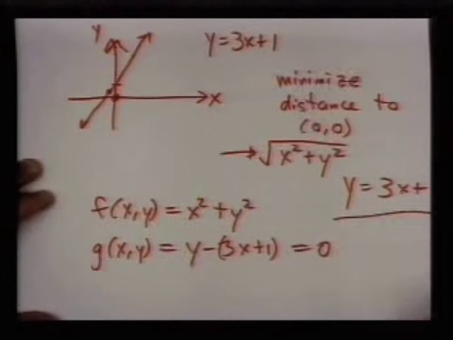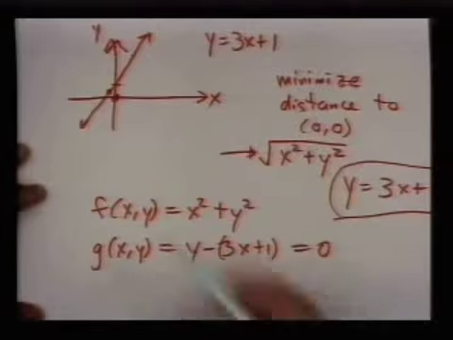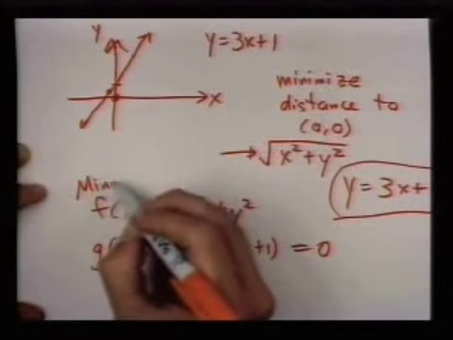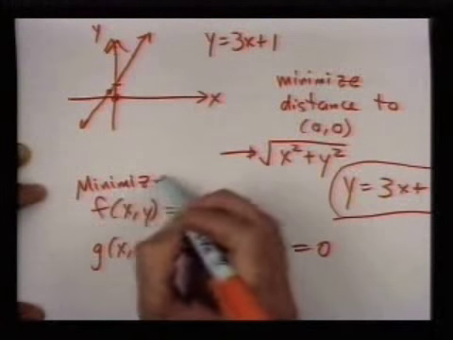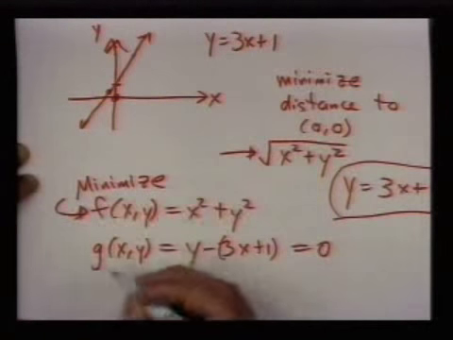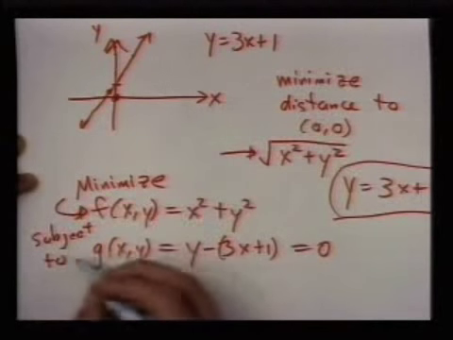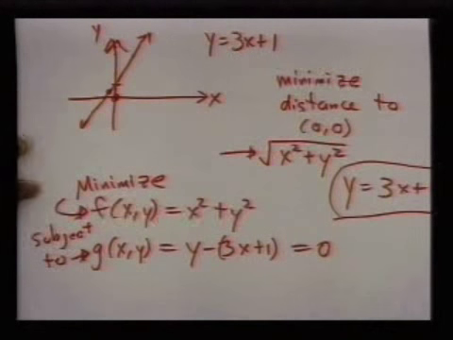So that's just rewriting this as an equation that equals 0. I've just moved the 3x plus 1 to the other side. So minimizing f subject to this fact.